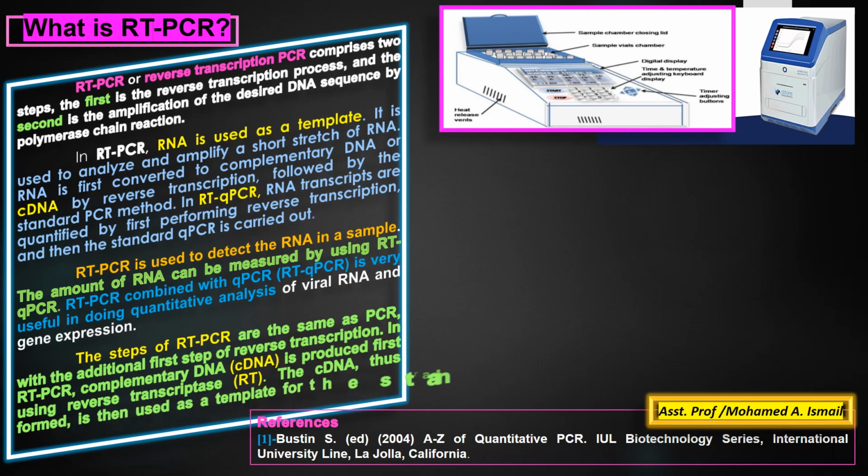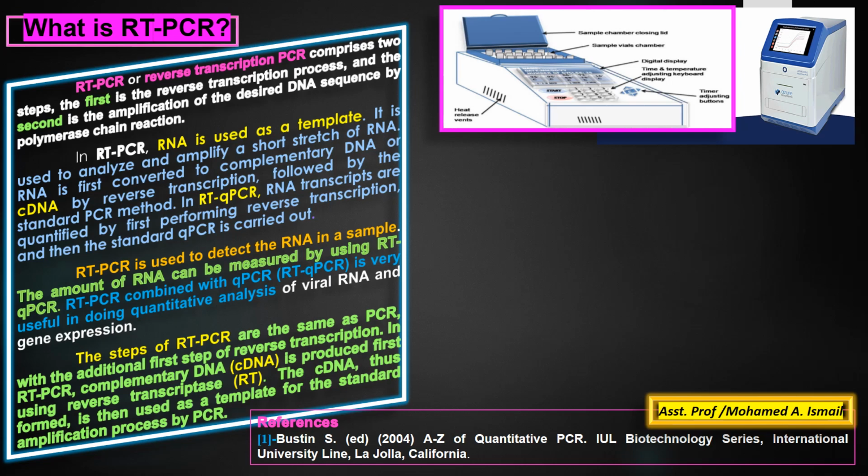In RT-PCR, complementary DNA, cDNA, is produced firstly by using reverse transcriptase, RT. The cDNA thus formed is then used as a template for the standard amplification process by PCR.